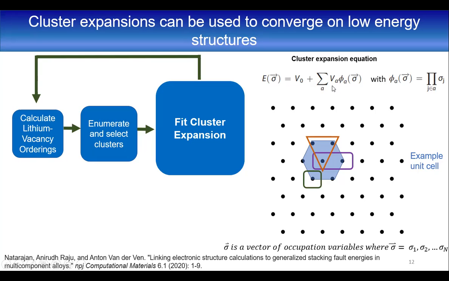And so when you're fitting a cluster expansion, you're going to be minimizing it. So you could use linear regression or other regression methods that allow you to solve for what V naught and V alpha would be to the highest accuracy, so the lowest error.